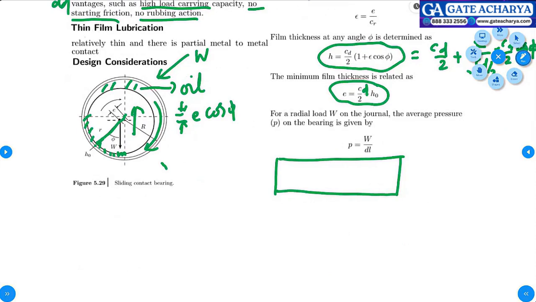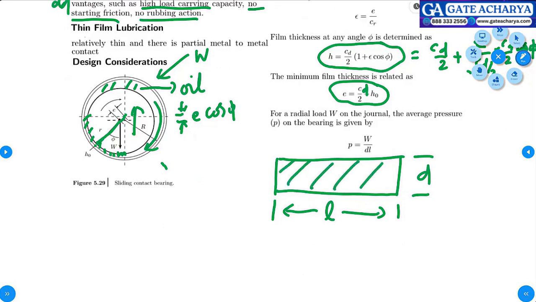One is the length along the bore, this is nothing but L. Then the thickness, nothing but the diameter. So force divided by area, nothing but L into D.